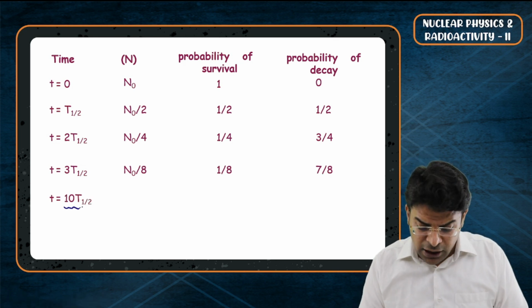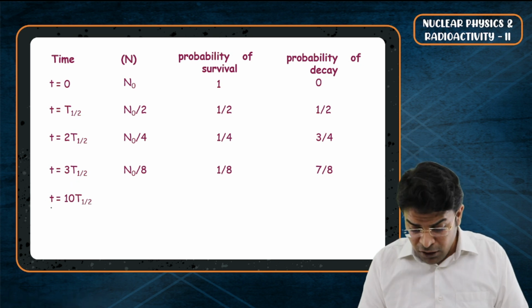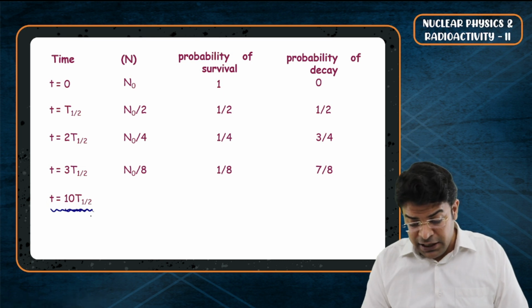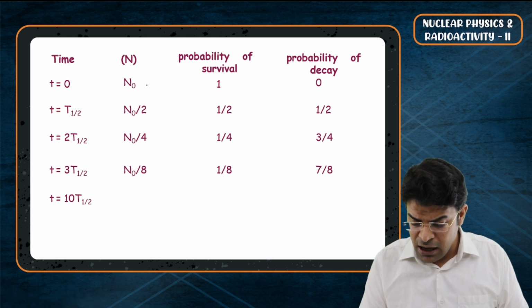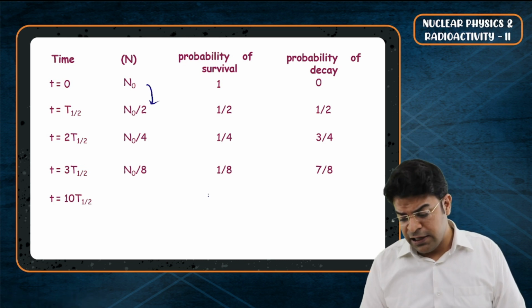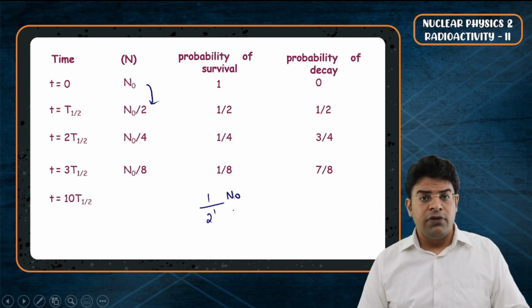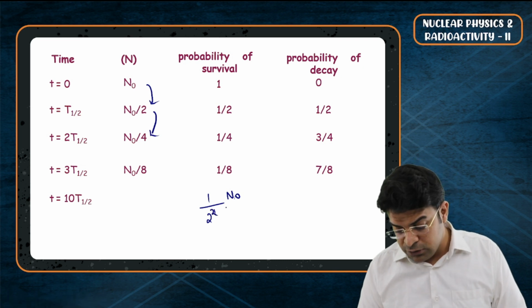Now let's talk about this one, and this one is important. What will be the number of active nuclei at 10t half, after 10 half-lives? So you will say after one half-life, the number of active nuclei is 1 upon 2 raised to the power 1 times n0. After 2 half-lives, it is 1 upon 2 raised to the power 2 times n0.